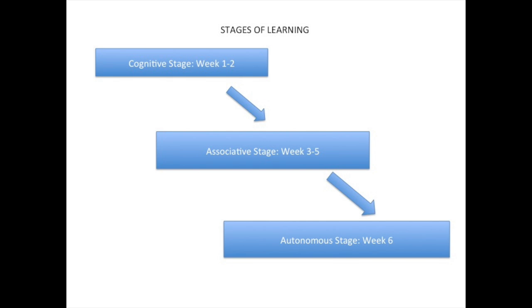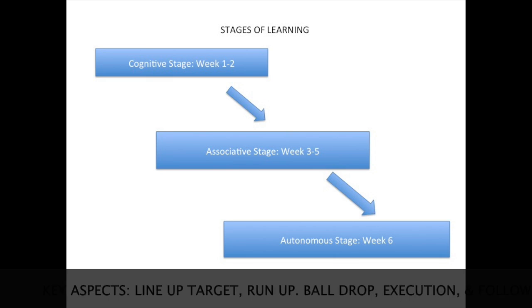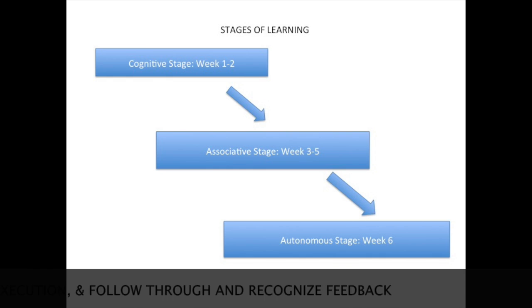Throughout the 6-week training program, we want to see our novice performer progress through the different skill levels or stages. Week 1 and 2 will focus heavily on the cognitive stage. Here we want the participant to gain an understanding of the key aspects of the set shot, as well as improve their ability to recognize and appreciate feedback from sources such as proprioception, augmented feedback, and observations.